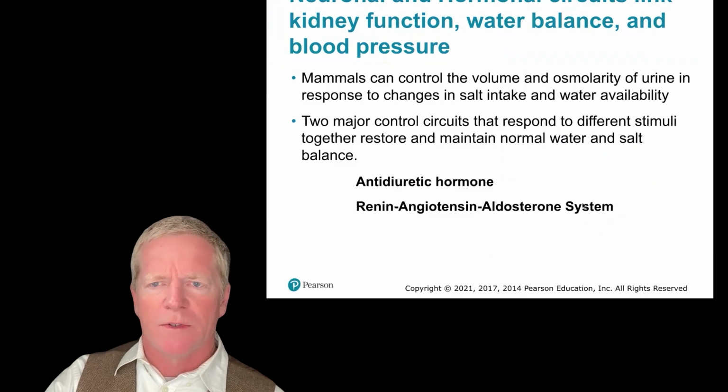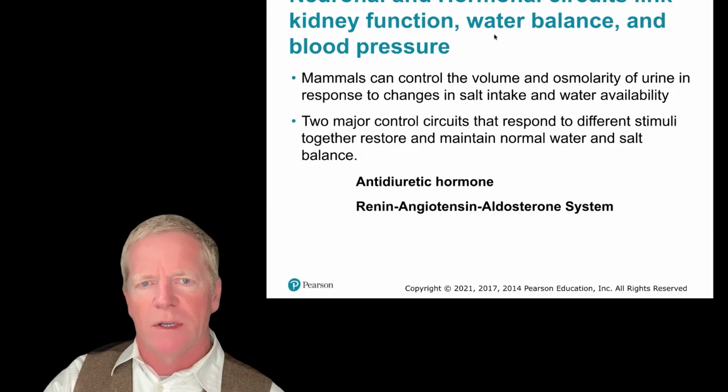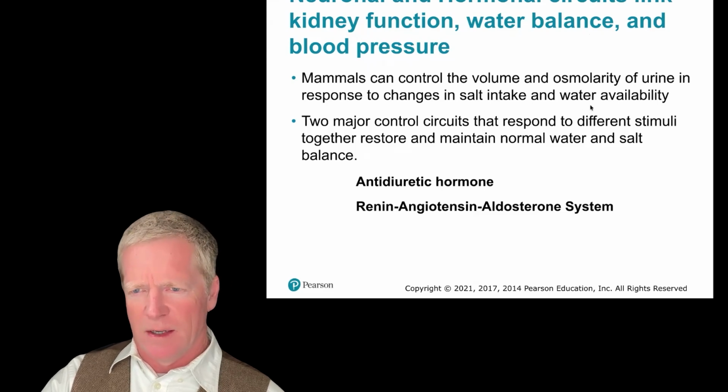Neuronal and hormonal circuits control kidney function and control water balance. And by controlling kidney function and water balance, ultimately control your blood pressure. Mammals can control the volume and the osmolarity of urine in response to salt intakes in food and in response to water availability.